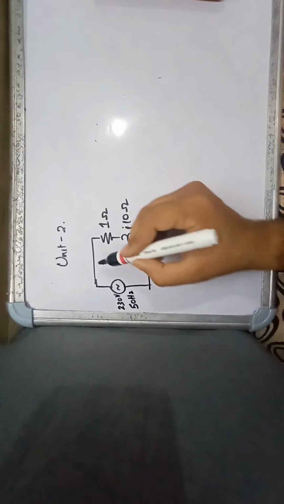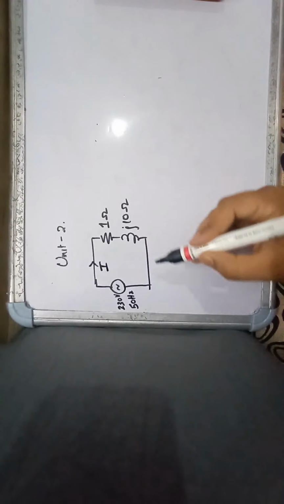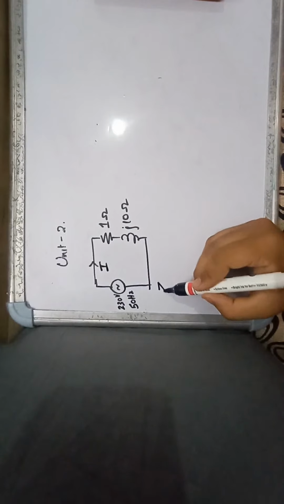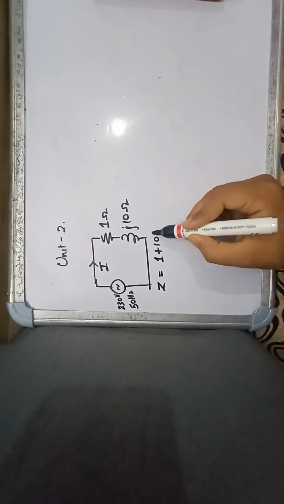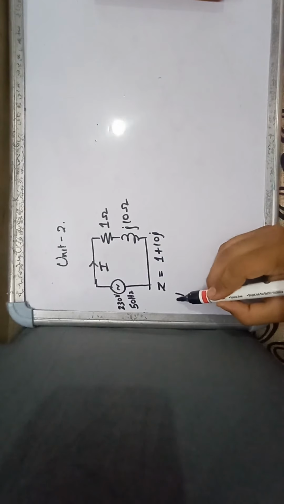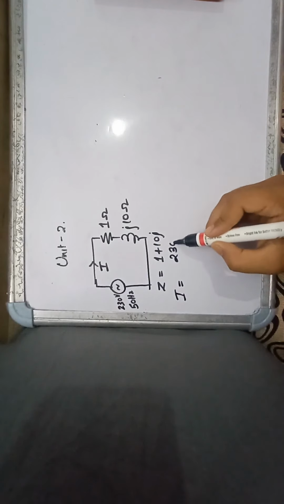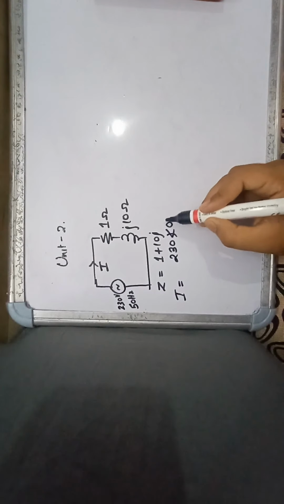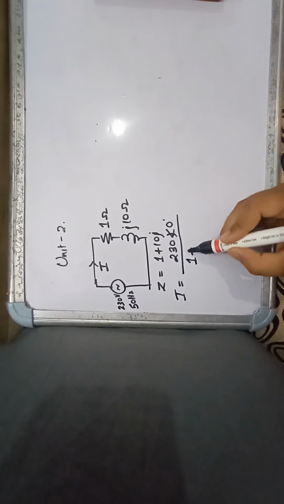This is the circuit. If you calculate the impedance, Z is 1 plus 10j. To calculate the current, it will be 230 at an angle of 0 degree, divided by 1 plus 10j.